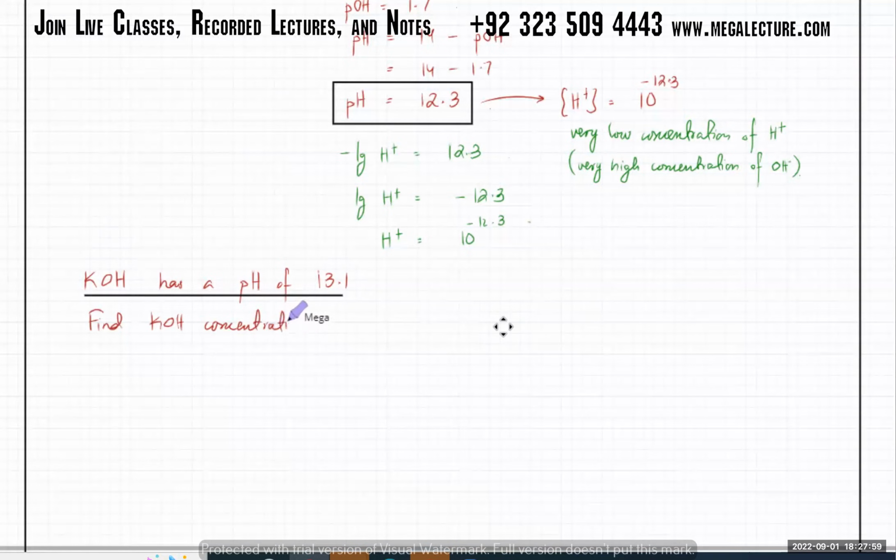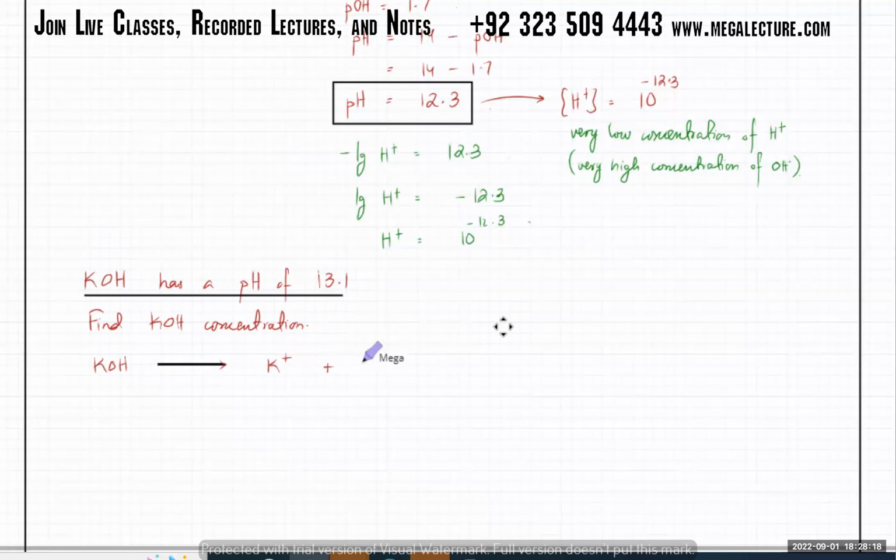So what I'm going to do with this is, I know that KOH is a strong base, so it ionizes completely. It's going to produce two ions: one is K plus, and the other one is OH minus.